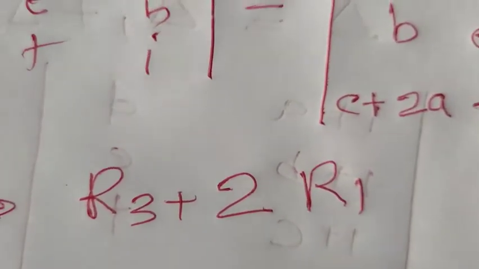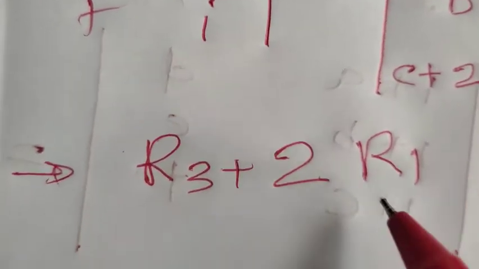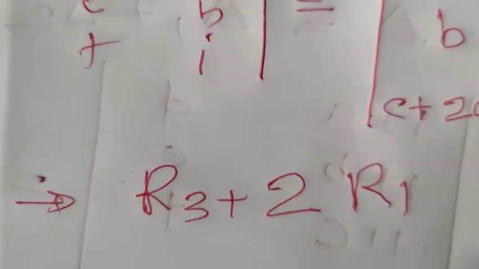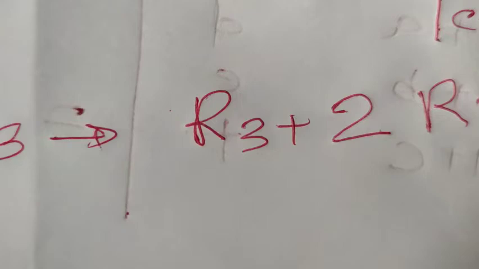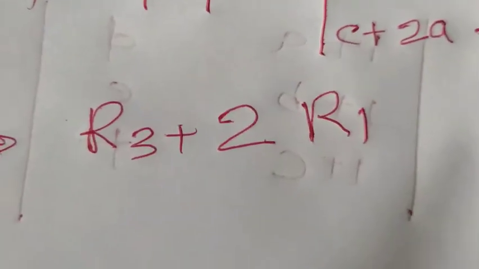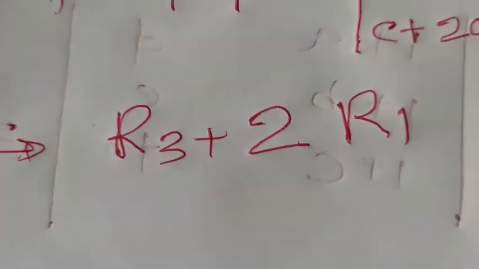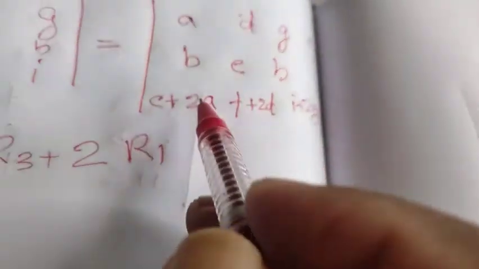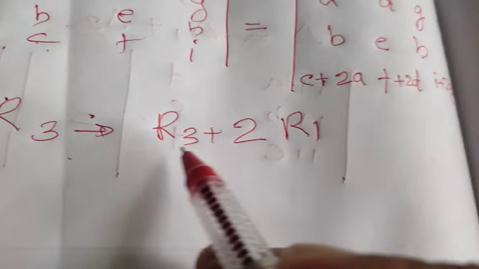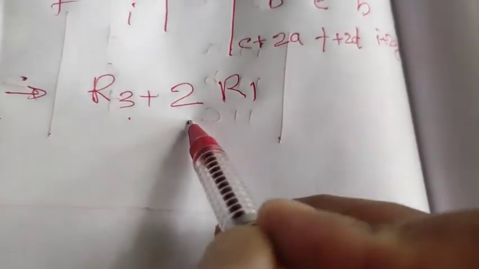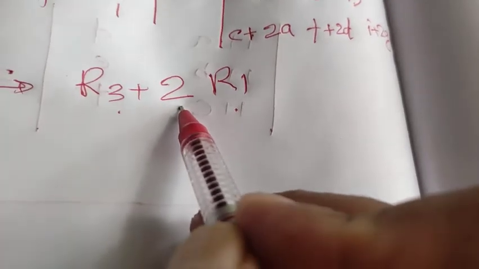So you can write the determinant like that. This property is used in the reduction of determinants. That is, one row we can change by adding a scalar multiple of another row. Here 2 is a scalar. So R3 plus 2 is a scalar added to R1.